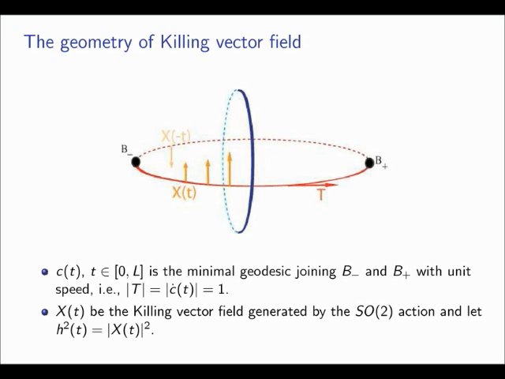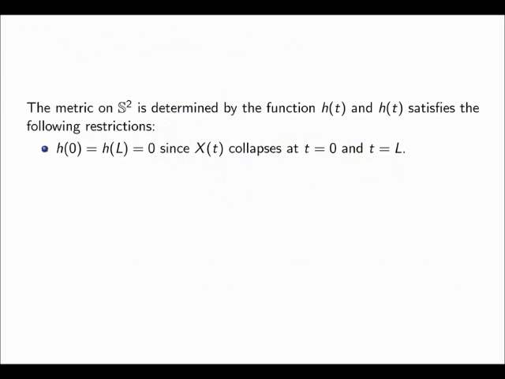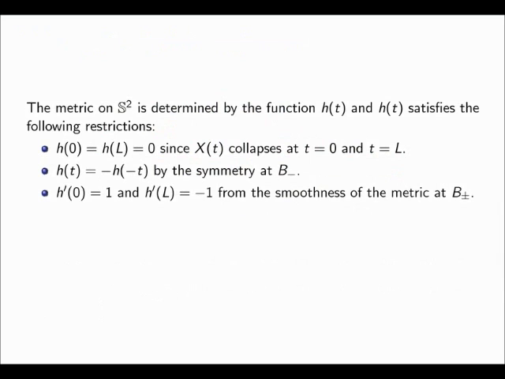Here the Killing vector field is 0, and here you have different lengths of the Killing vector field. This gives you a function along t. The t is a parameter along this right half equator here, so it is parameterized by t, and this is a function of t.